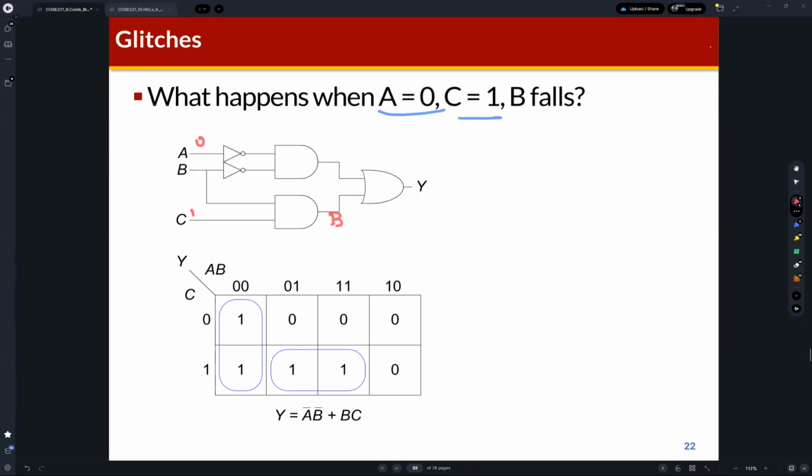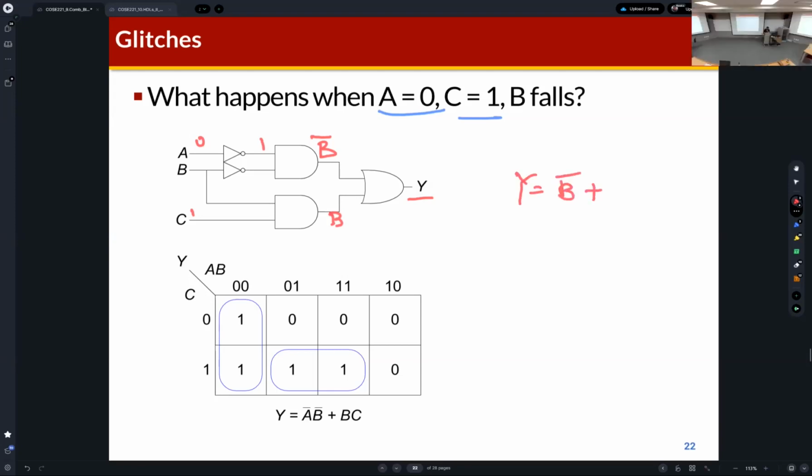Also because A is 0, this is 1, and this is B bar, right. And then if you see Y, Y is B bar or B, and this is 1, right? This is the combination of Boolean theorem, right?